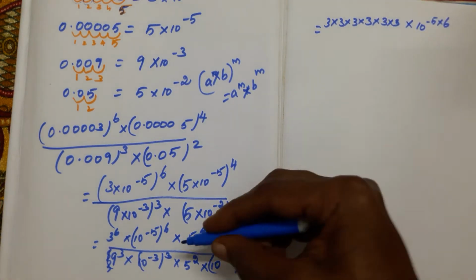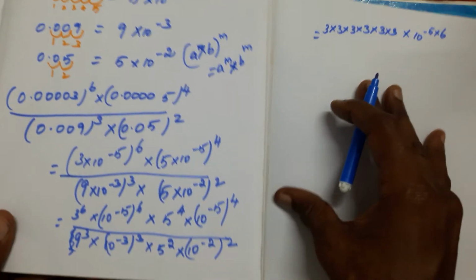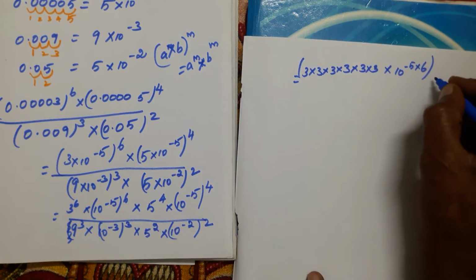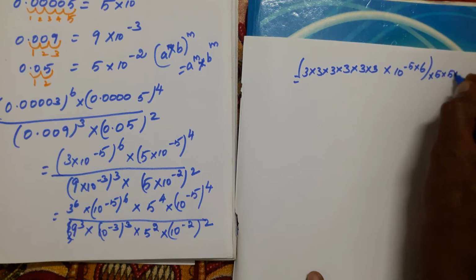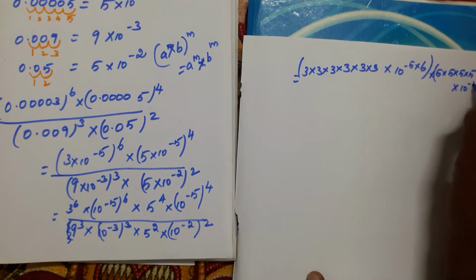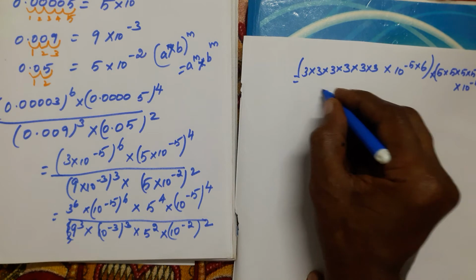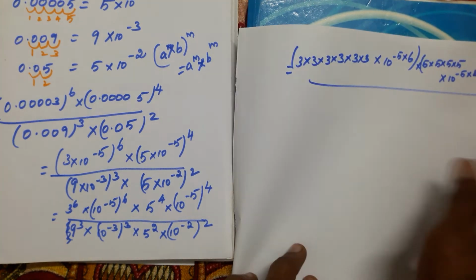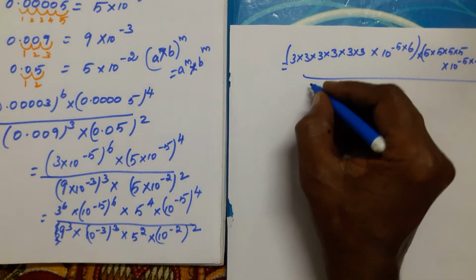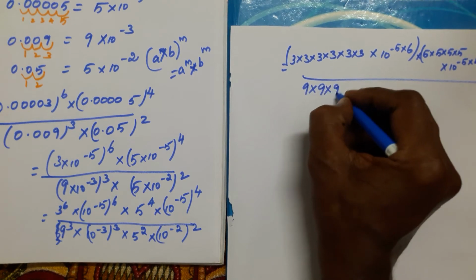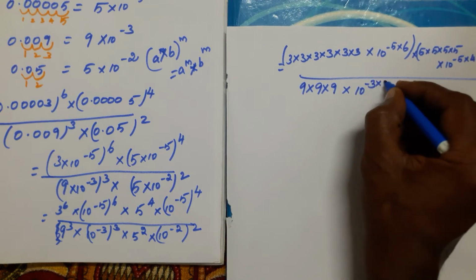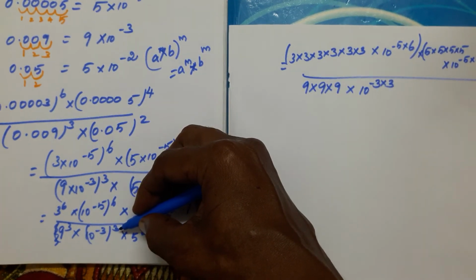Next 5 power 4 means 5 into 5 into 5 into 5, into 10 power minus 5 into 4, divided by 9 power 3, which means 9 into 9 into 9, into (10 power minus 3) the whole cube, which means 10 power minus 3 into 3. (a power m) the whole power n means a power m into n.